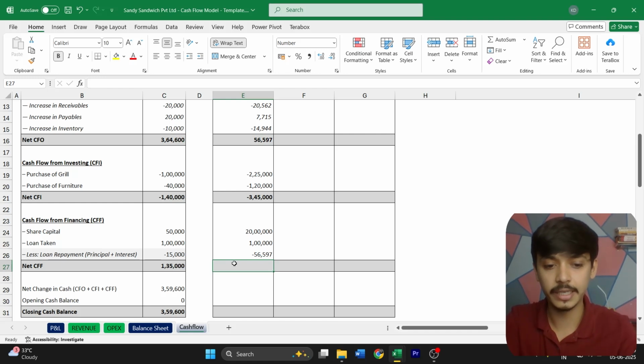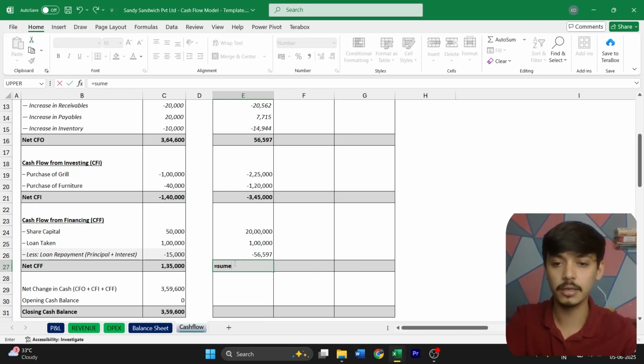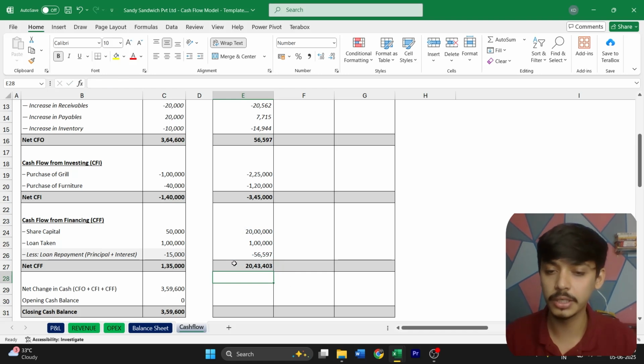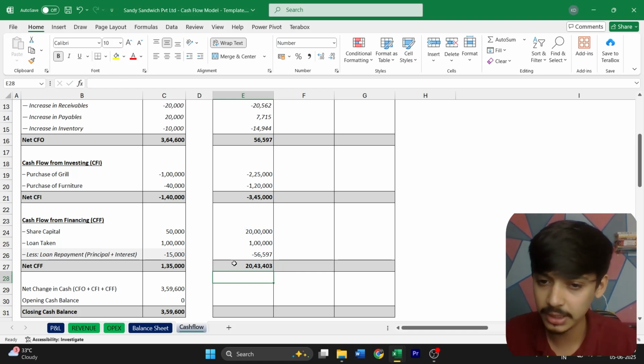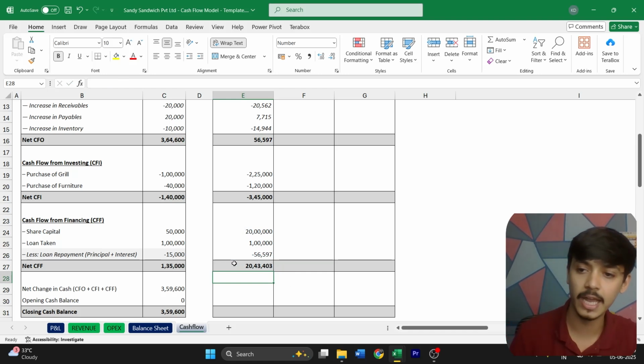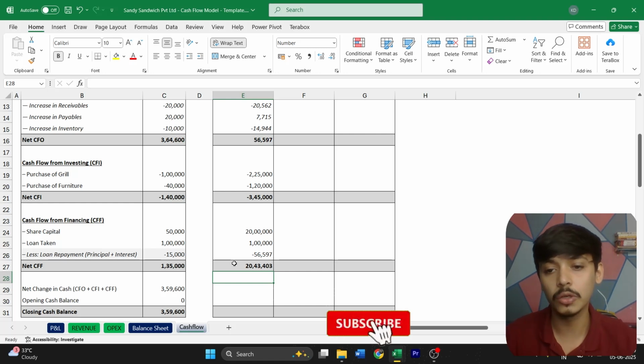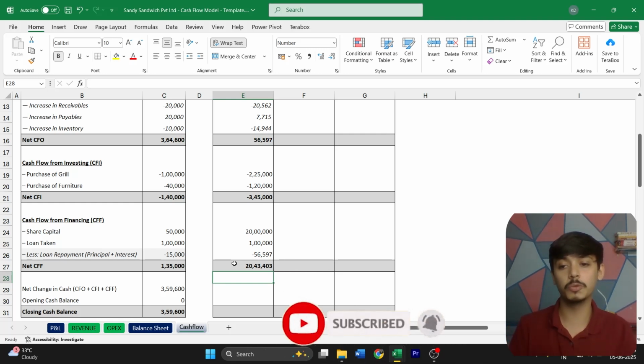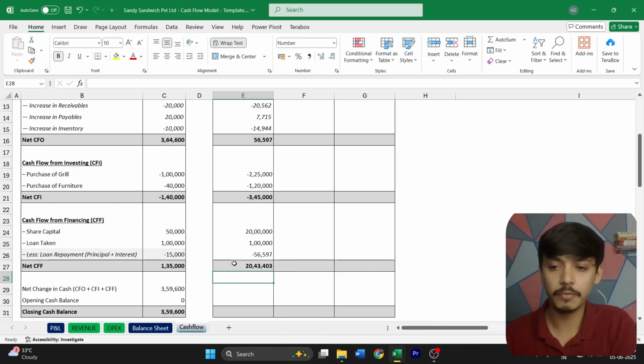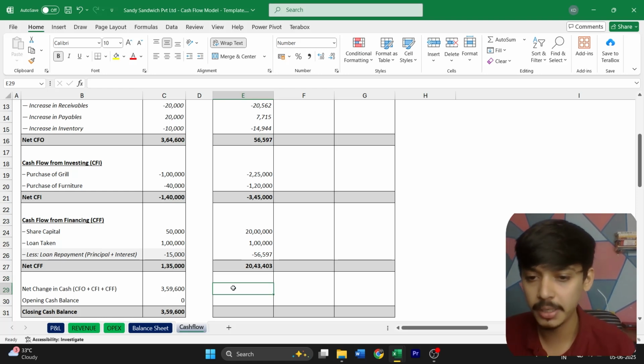To calculate the net cash flow, we will sum this entire amount, which is 21 lakh, and the principal and interest. We have 20 lakh 43,403 as our net cash flow from financing. To calculate the closing cash balance, which we can take to the balance sheet, we have to calculate the net change in cash and the opening cash balance. So we have two elements pending with us.